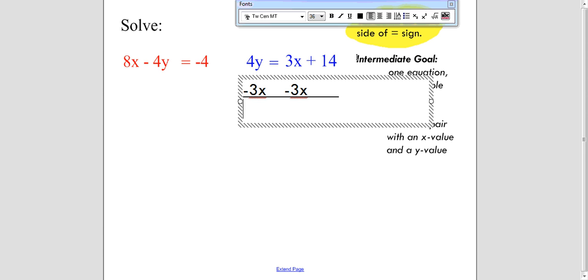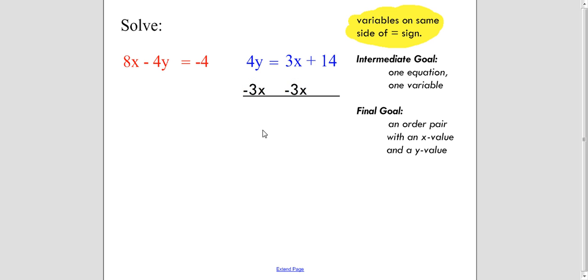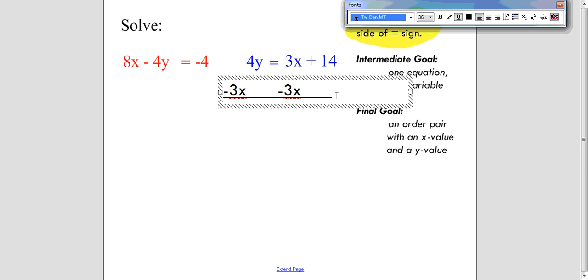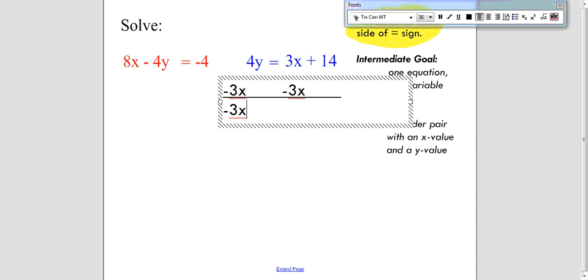Because you want to line up like terms, you're going to have the -3x. I still have a 4y, but now that's going to equal 14.